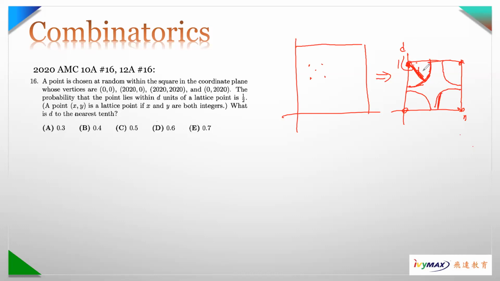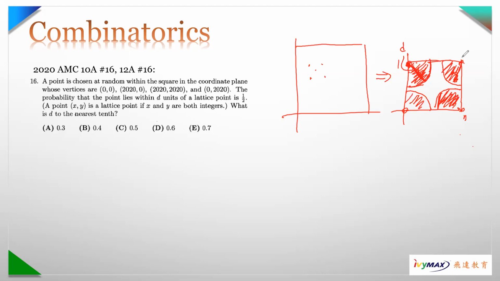So now, if you choose a point from this shaded area, where each quarter circle has radius d, then the point is within d units of a lattice point.